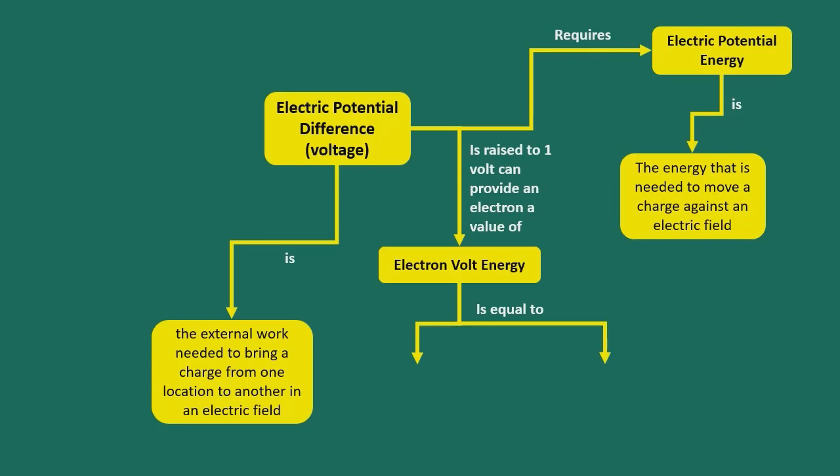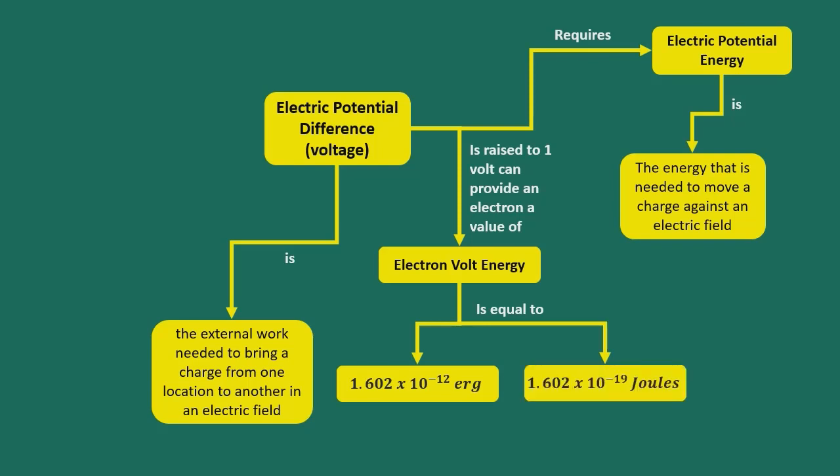And what is this equal to? This is equal to 1.602 times 10 to the minus 12 erg if the unit is in erg, but there is another unit in joules, and that will be equivalent to 1.602 times 10 to the minus 19 joules.